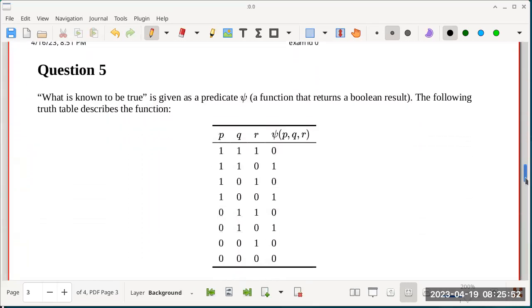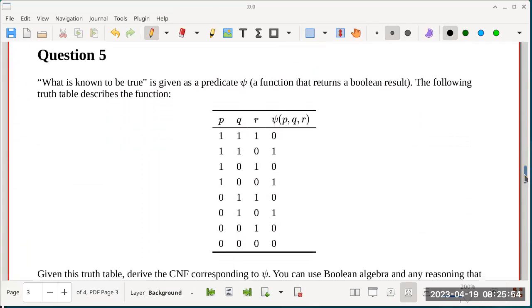All right, moving on to question number 5, which is exactly the same format as in the practice test or the test in fall 2022. So to make this work, we are going to have a bunch of disjunctions.